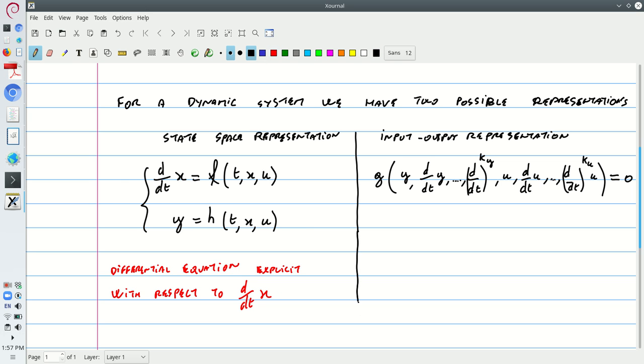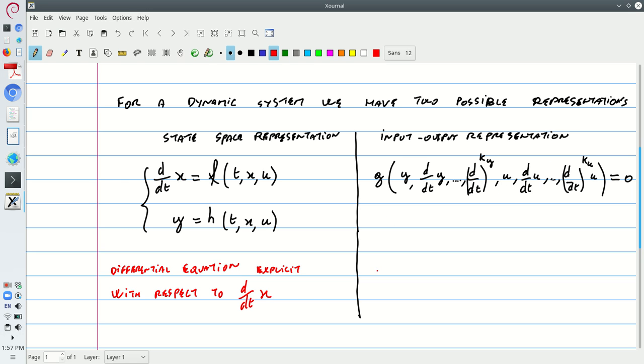Instead, in this other case, we have a differential equation that does not involve the state x, it just involves y, u, and the derivatives of y and of u, and it is implicit in the sense that you don't say, as in the other case, that the first derivative of x is equal to a function. Here they're all together, and it's not necessarily true that you can solve with respect to one of these derivatives in terms of the others.